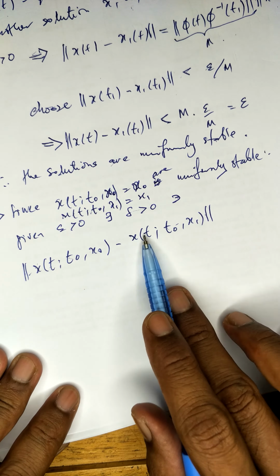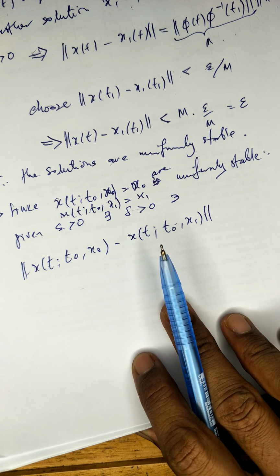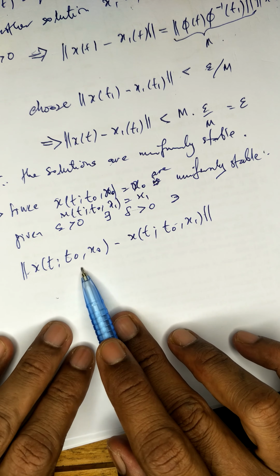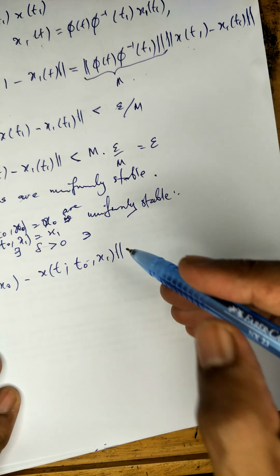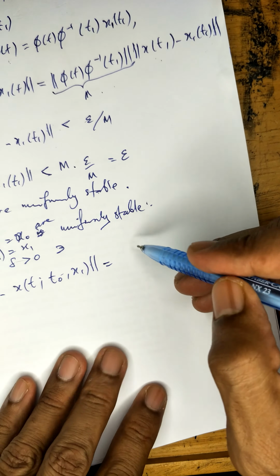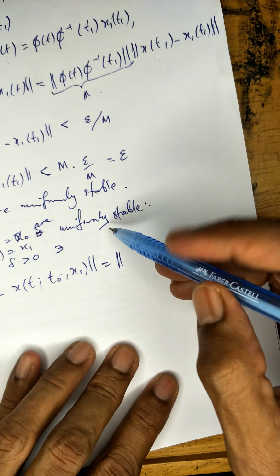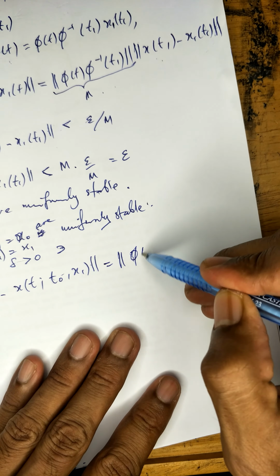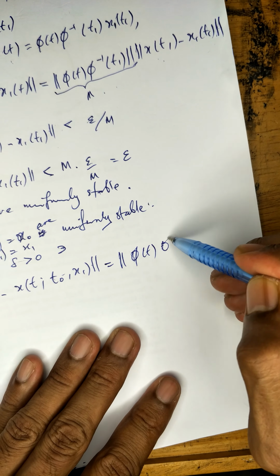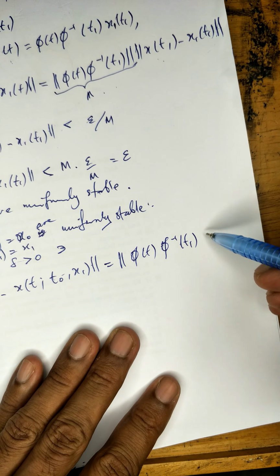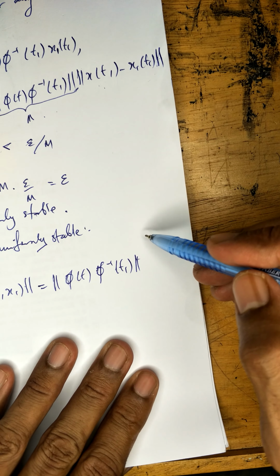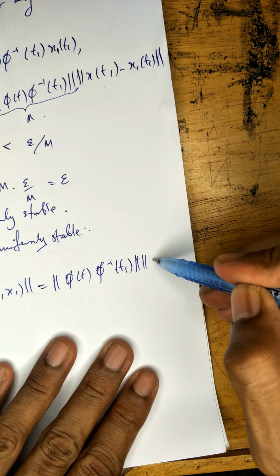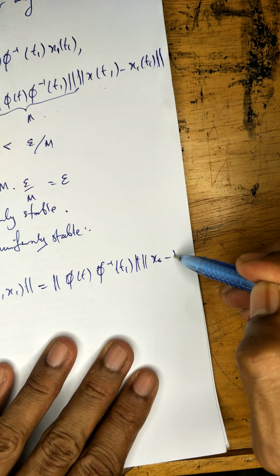We take the difference of that, and we know that x is given as phi times x. So from there, you can use the fundamental matrix phi(t) phi inverse(t1) times x naught minus x1.